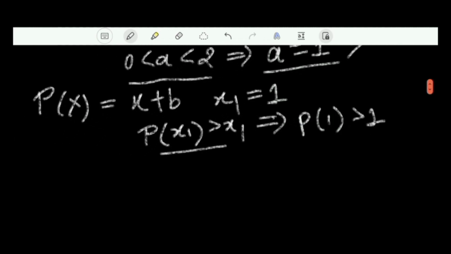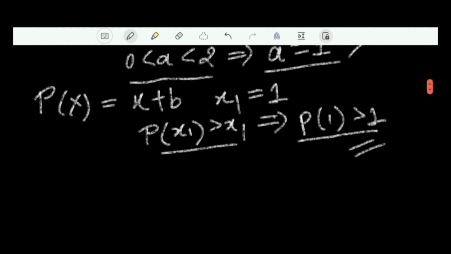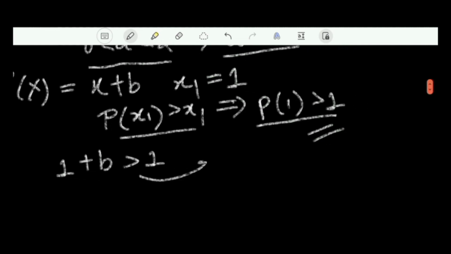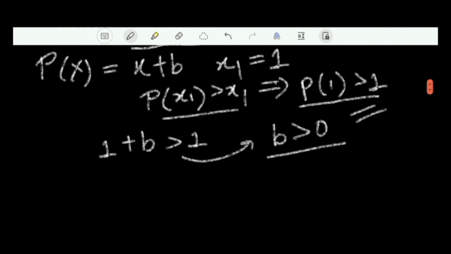These two statements are equivalent, and now I'm going to use this. So P of 1 is 1 plus b, which is greater than 1. So it implies that b is greater than 0. So again we got another inequality, b is greater than 0, meaning it's a positive quantity too.